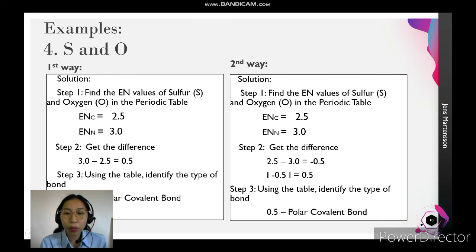Now, negative 0.5, get the absolute value, and you will have a positive 0.5. Using the table, we are going to arrive with the same answer as our first way, which is polar covalent bond. All right, so I hope that you are following and you can understand now what your module means, no? Ang mga calculations ha, makuha na nimo ang iyang pasabot.